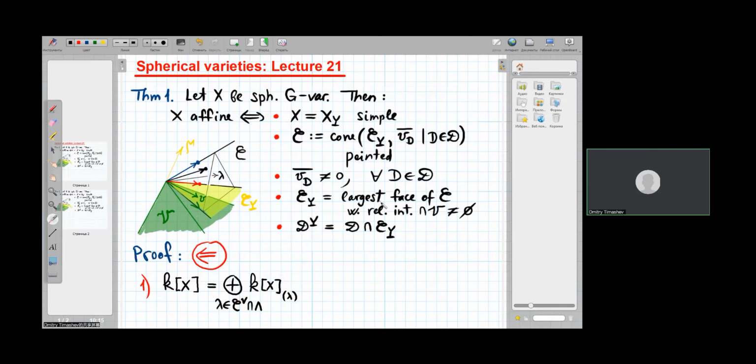So the condition for this lambda to belong to C check is exactly the condition that the valuations corresponding to all B stable prime divisors, both G stable and not G stable, all take non-negative values on the respective B semi-invariant function.